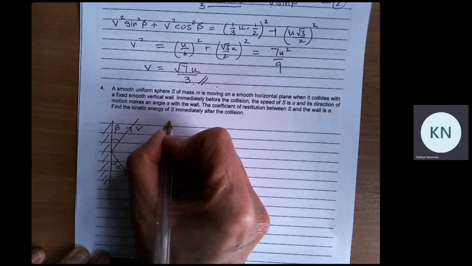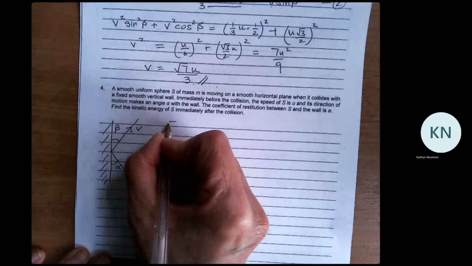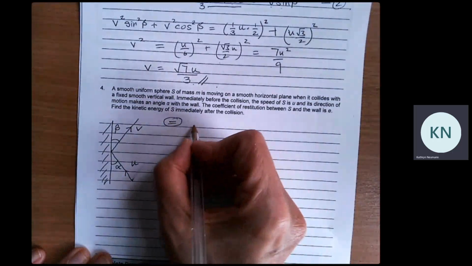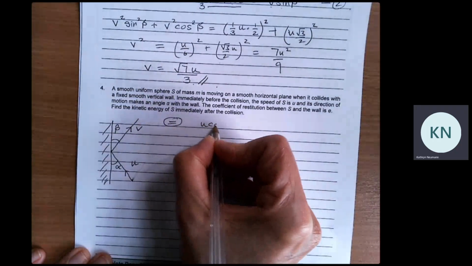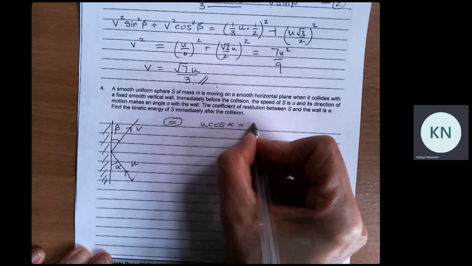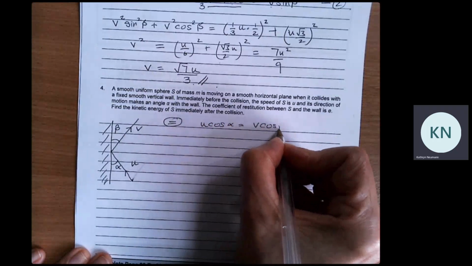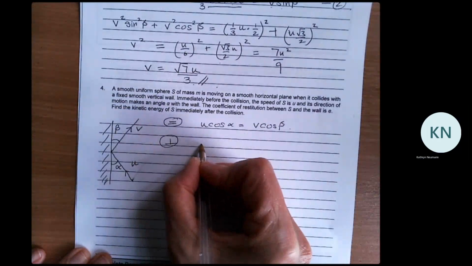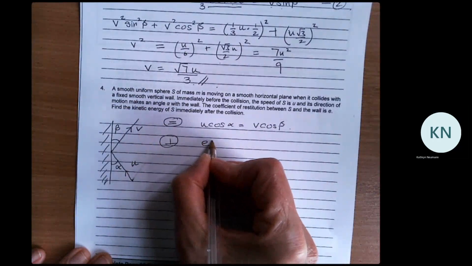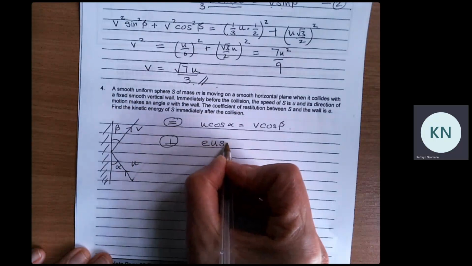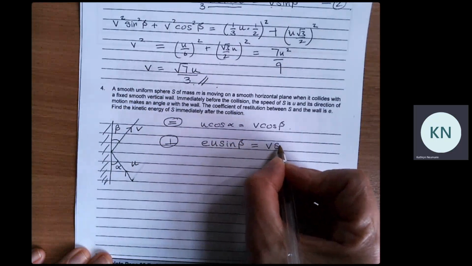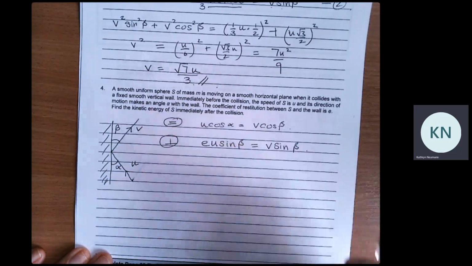So if we look parallel to the wall, that my notation there is parallel to the wall, I've got that U cos alpha is equal to V cos beta. Perpendicular to the wall, I've got that E times U sine of beta is equal to V sine of beta.